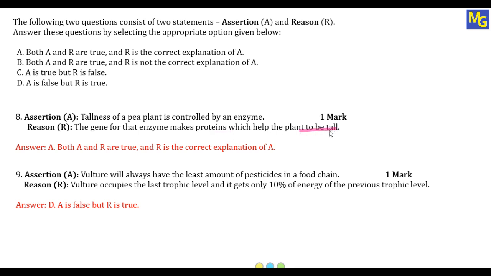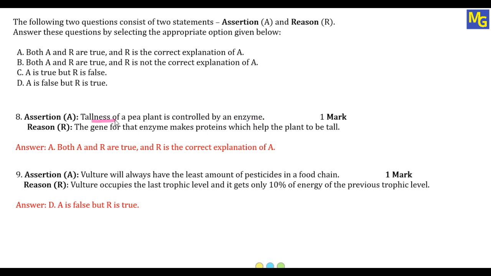So see here, tallness of the plant is controlled by an enzyme. It is correct because if the enzyme which causes tallness is secreted more, then the plant will become tall. If the height is controlled by an enzyme and that enzyme secretion is less, then the plant will be short.